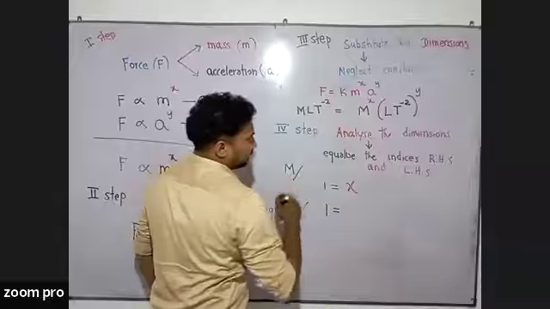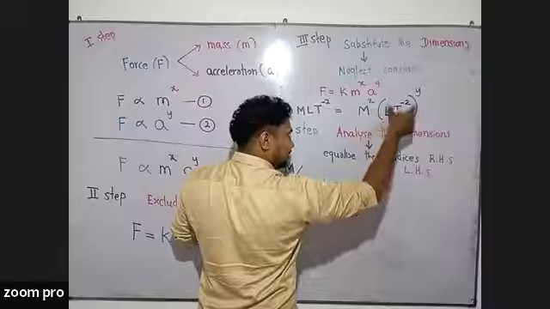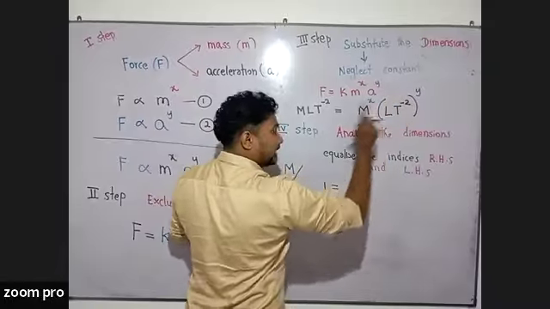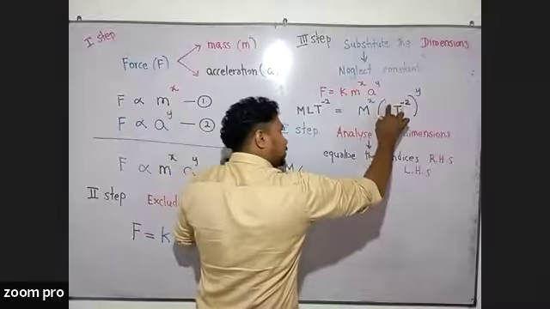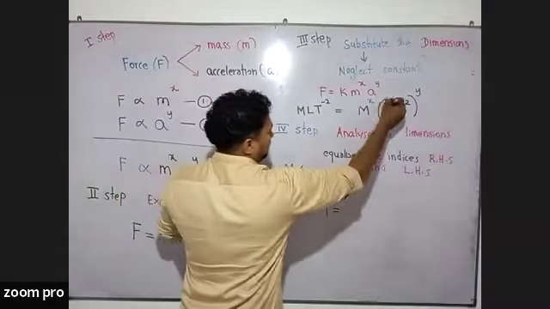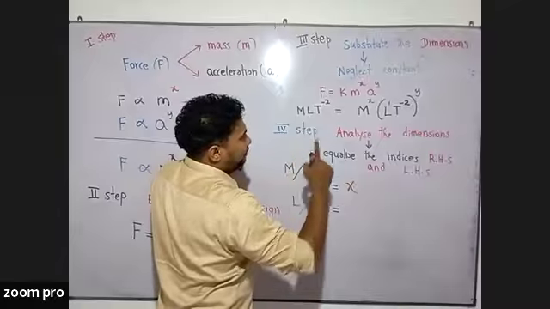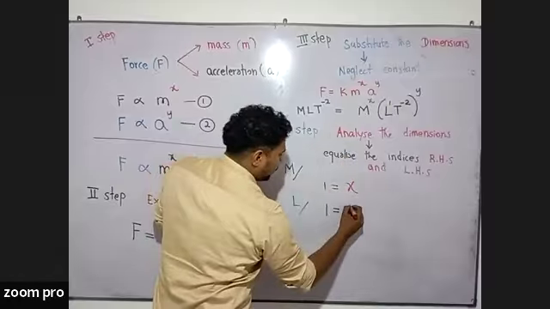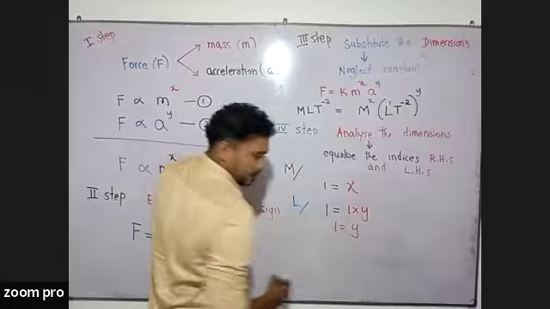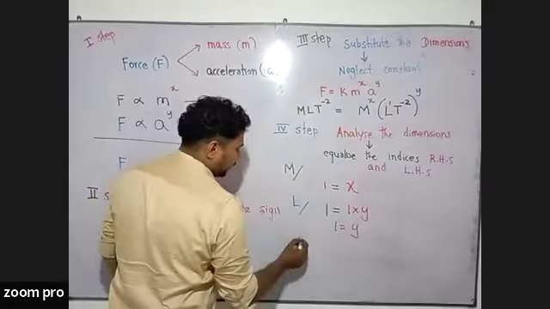In the right side, we can find the L inside this bracket. What is the power of this L? That is obviously 1, even though this 1 should be multiplied by y. That means the index of the L in the right side is 1, equal to y. So y is obviously 1, isn't it? Okay, then we have obtained a value for y also.